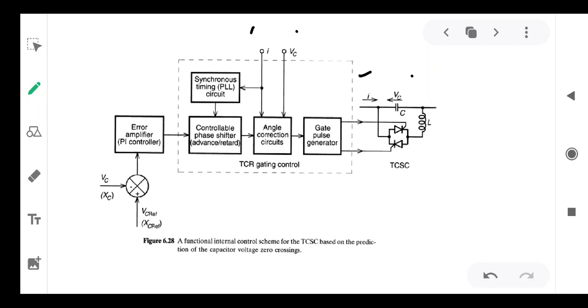The control circuit is the same, VC and VC reference. You will get the error, which is given to the error amplifier. The PI controller of the error amplifier will amplify the signal.